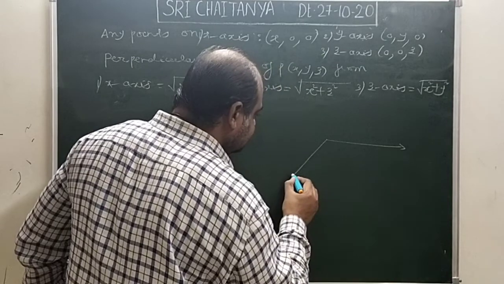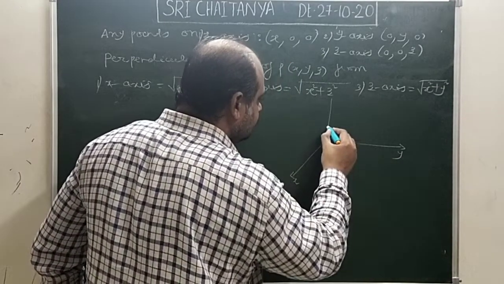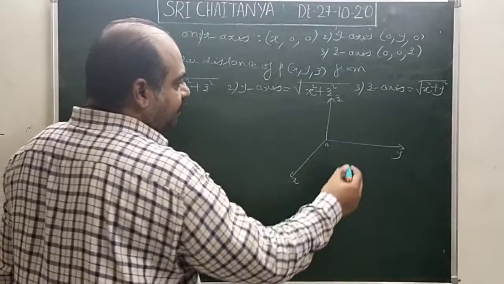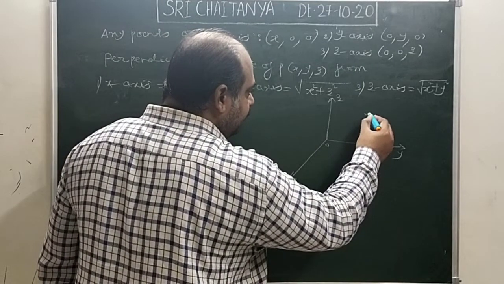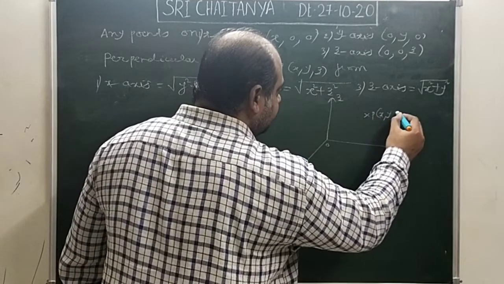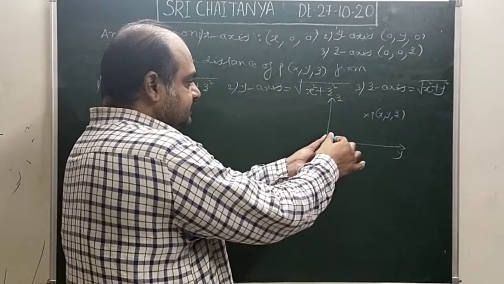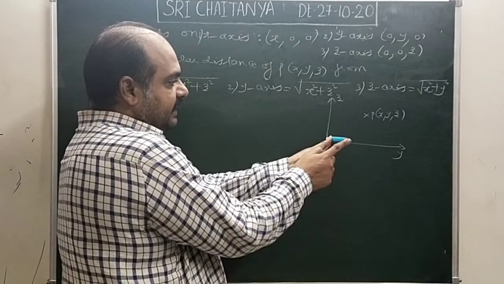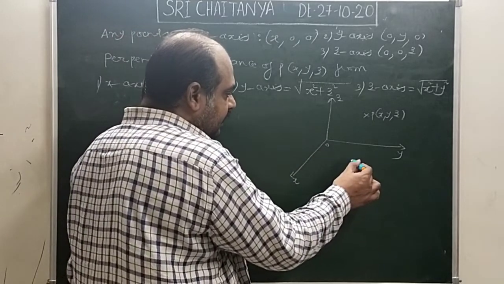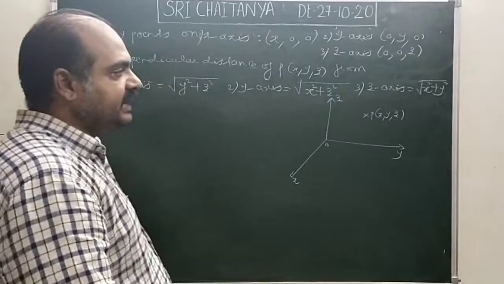So these are the axes. There is a point P, which is in space. It is not on your paper. It will be like this. That means displacement x, displacement y, and then displacement z. Let us say the point is there like that.